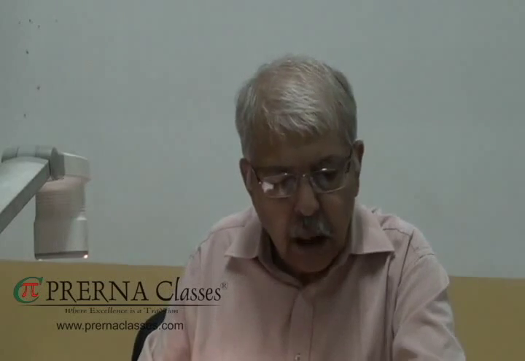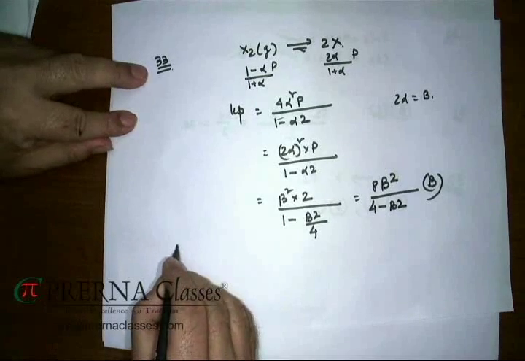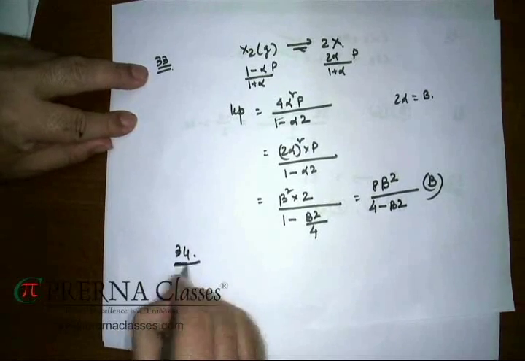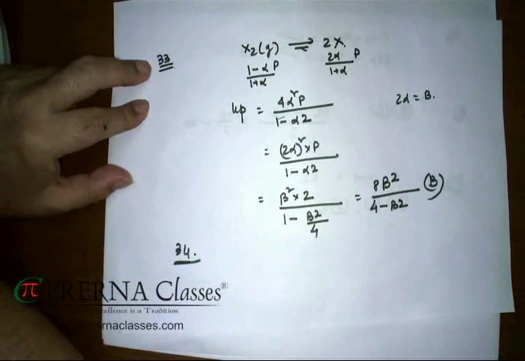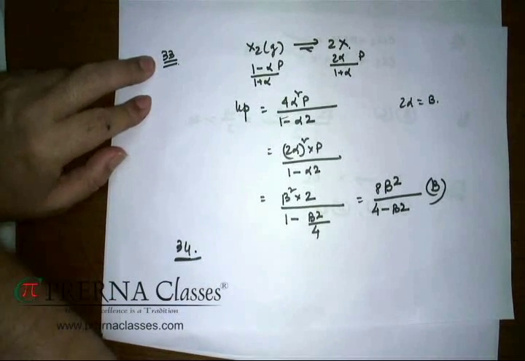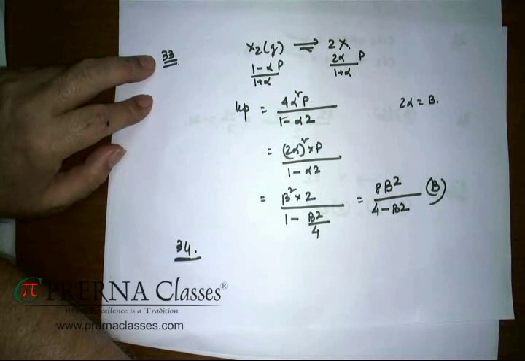Now, if you look at question number 34, he has asked you to find out the incorrect statement. In which decrease in the total pressure will result in formation of more X, which is the correct statement.